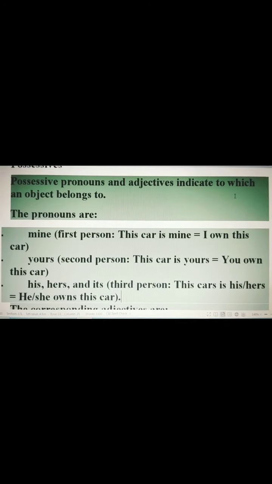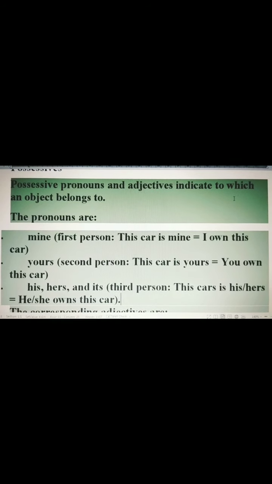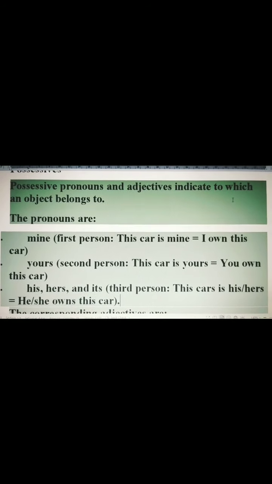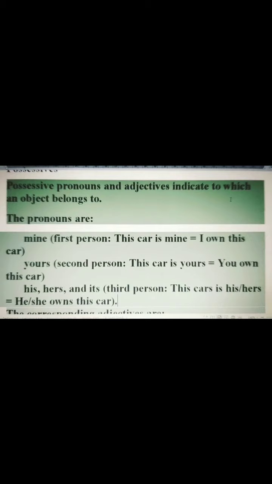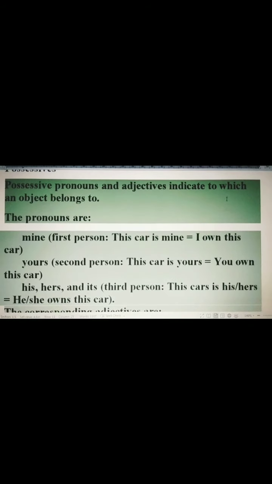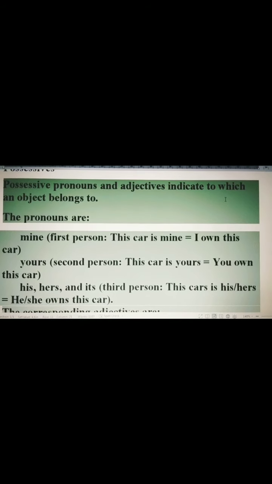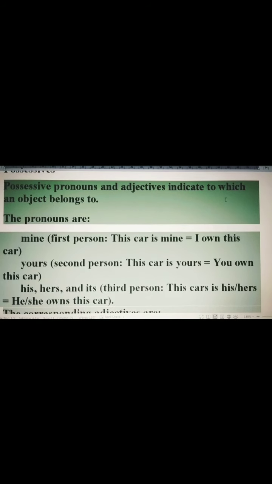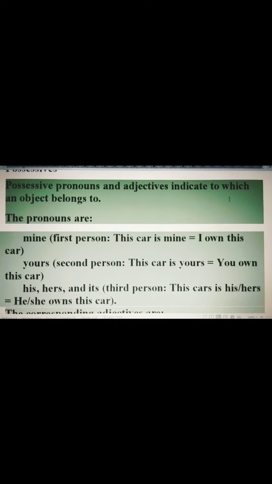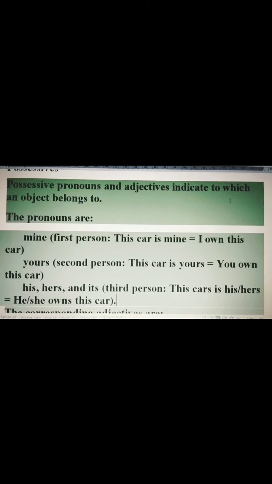A noun, in very general terms, can be the name of a person, place or thing. And a pronoun is when we are using words in the place of the noun. So here we are going to talk about the possessive pronoun today.